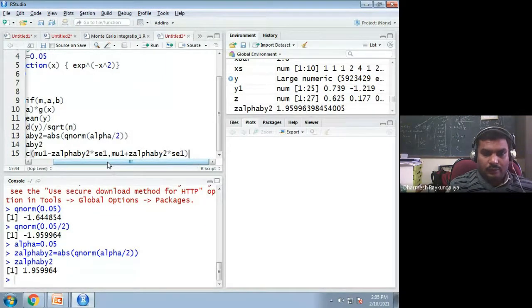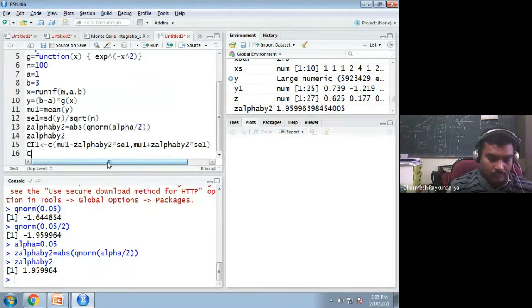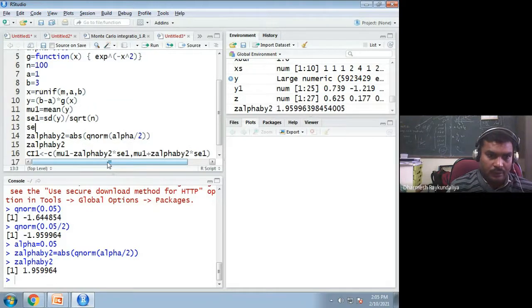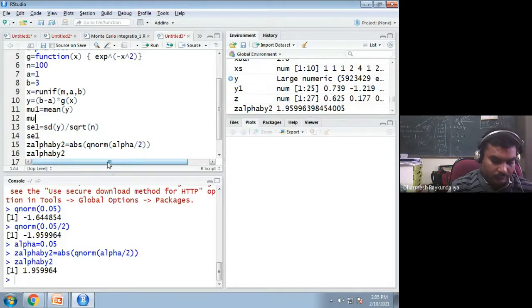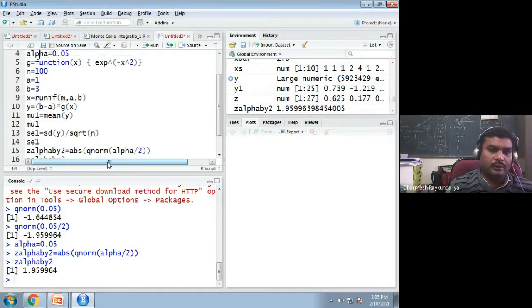I think this is giving the confidence interval using the first method. This is giving the standard errors using first method, and this is the estimate of integration using the first method.